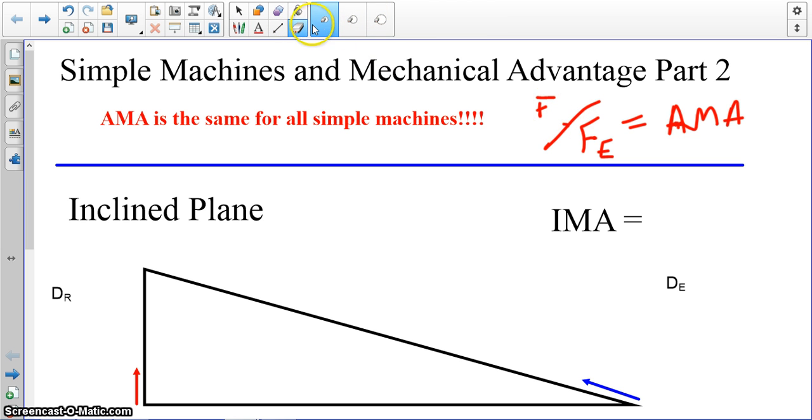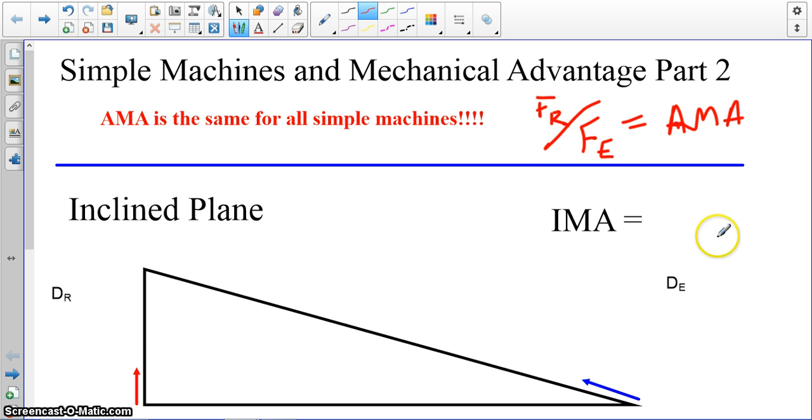All right, now the IMA, or the formula, the way you figure out IMA, the ideal mechanical advantage, varies from machine to machine. So yeah, how much effort you can overcome divided by how much effort you actually put in.